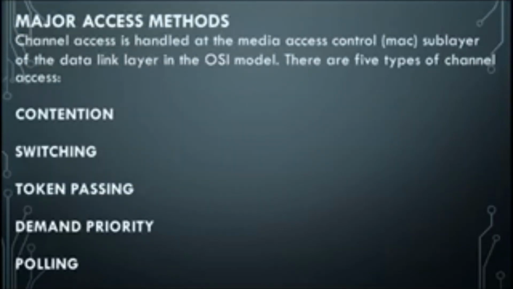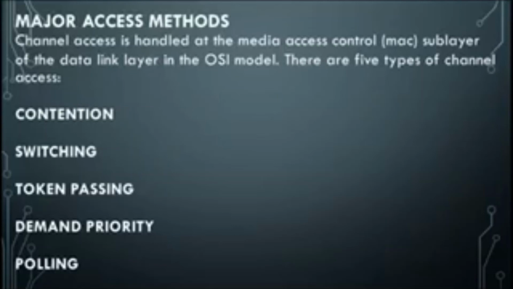Major access methods. Channel access is handled at the Media Access Control, or MAC, sublayer of the data link layer in the OSI model. There are five types of channel access.